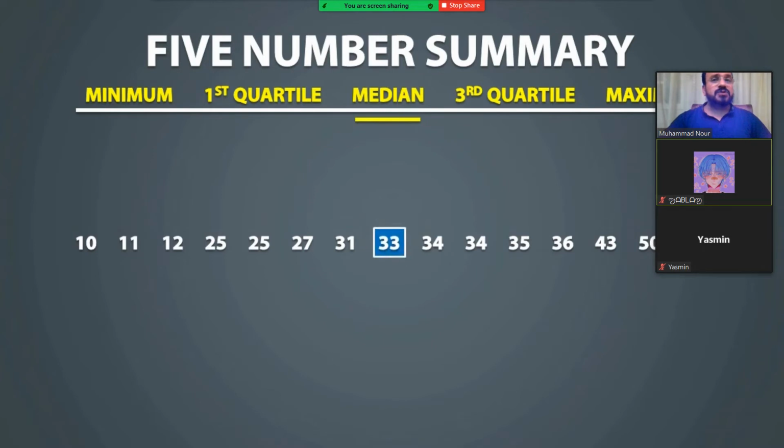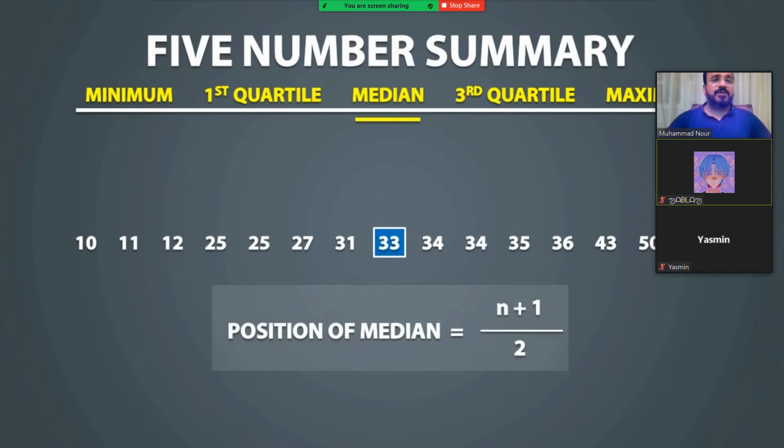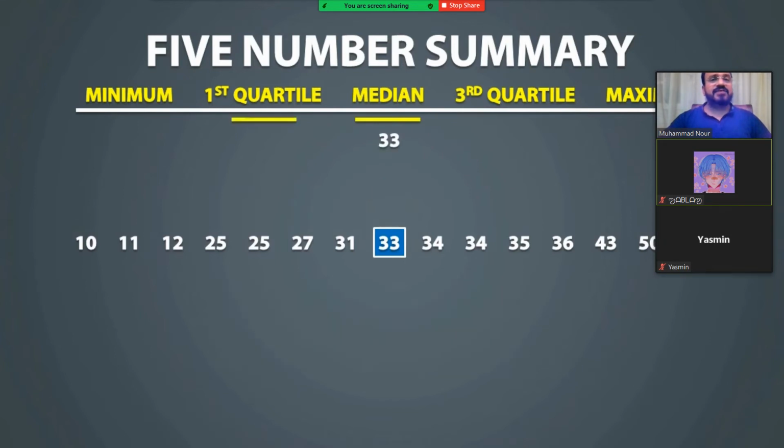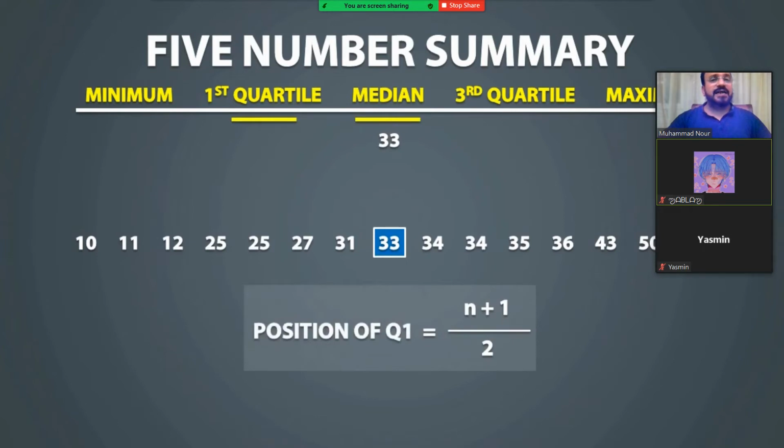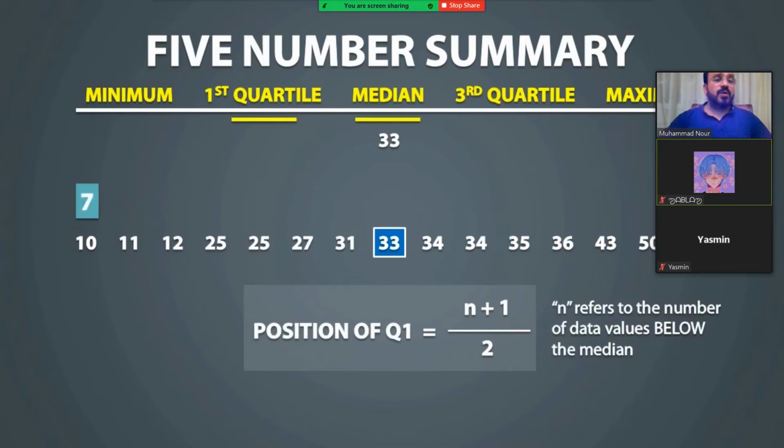You can also use the formula to find the position of the median, and we find it is in the 8th position, which is equal to 33. Now, to find the first quartile, we can use the same formula to find the position of Q1, except this time n refers to the number of data values below the median.